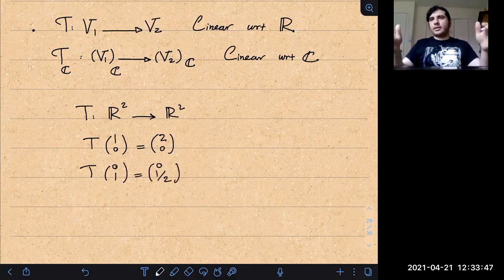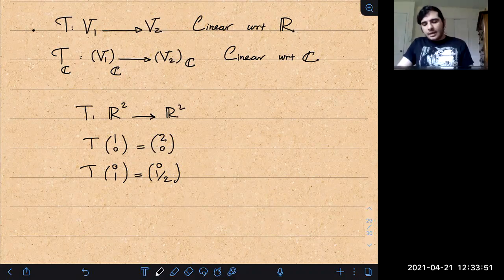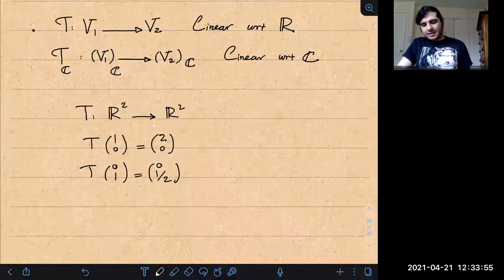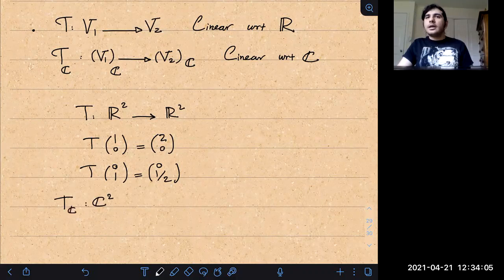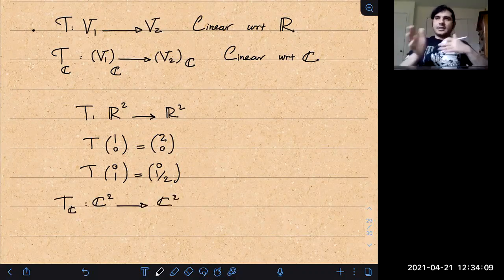We just defined our linear map over the basis, right? Now we can look at the complexification of everything. If we complexify R2, we would get C2. So we should have the complexified map from C2 to C2. I want to know what this complexified map is from C2 to C2.